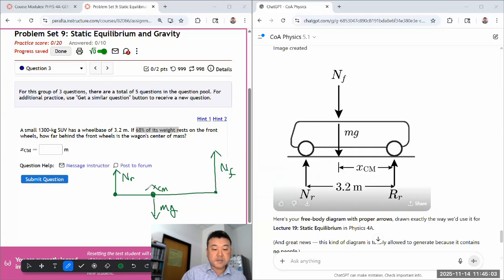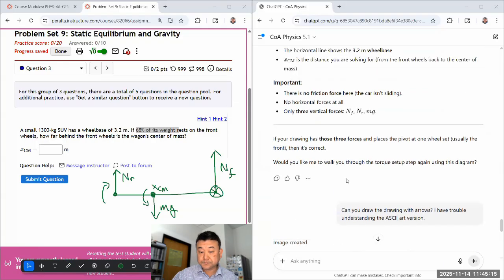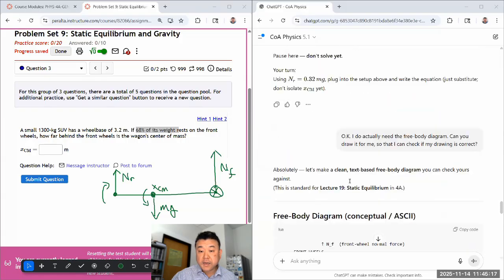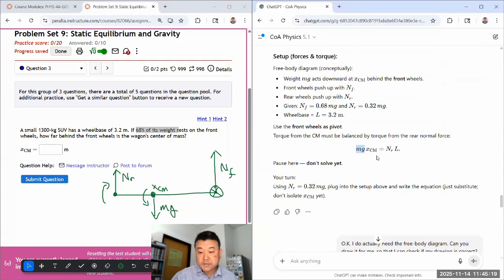This gives you a counterclockwise torque, and this gives you a clockwise torque, and using this as the center of rotation, that's where the torque balance equation that they gave you comes from. This mg times that is equal to the normal force on the rear times the entire length.